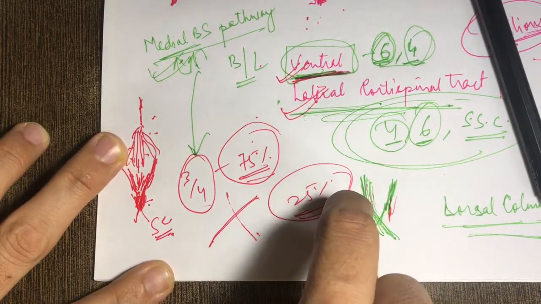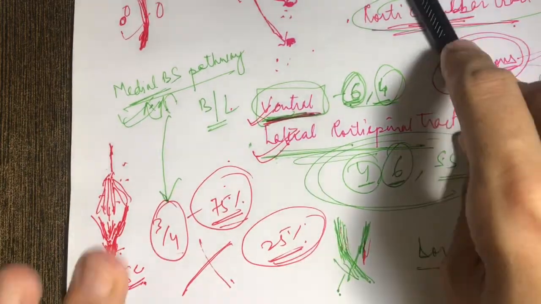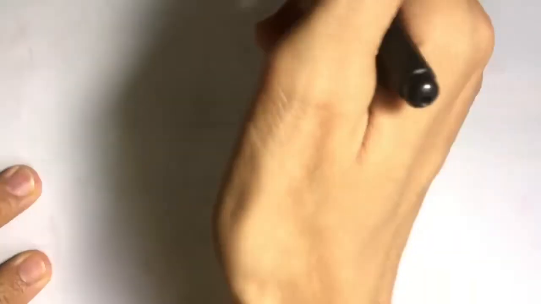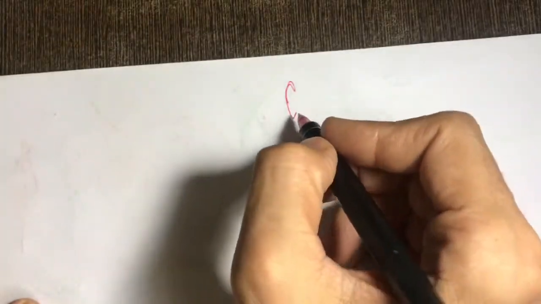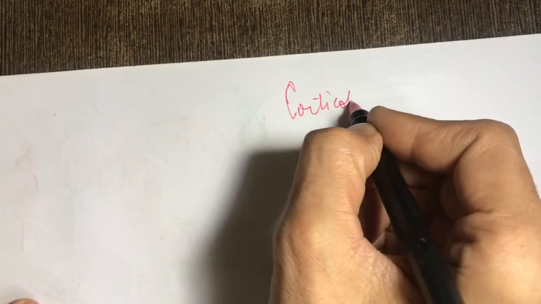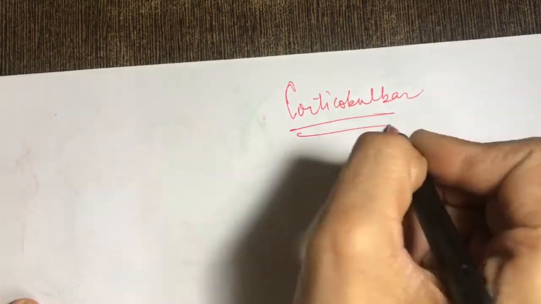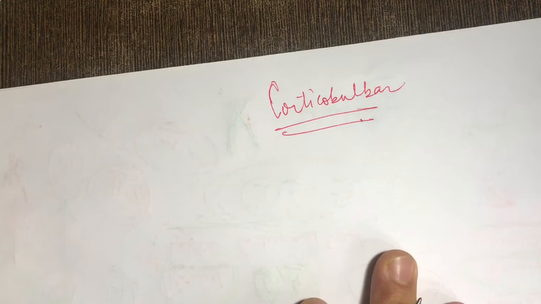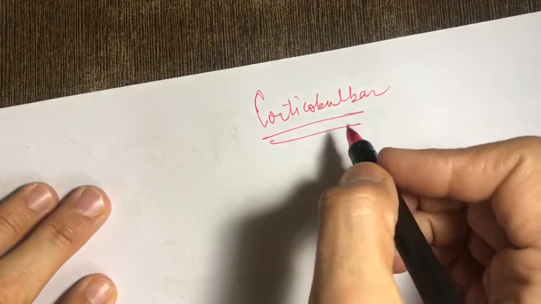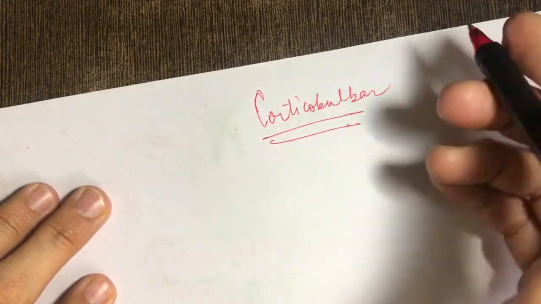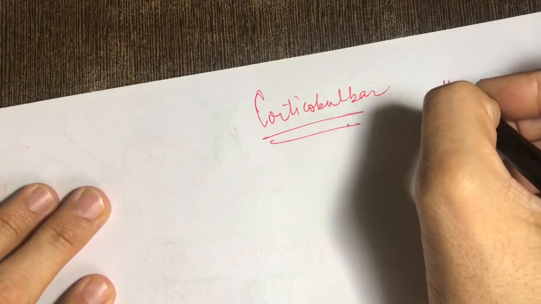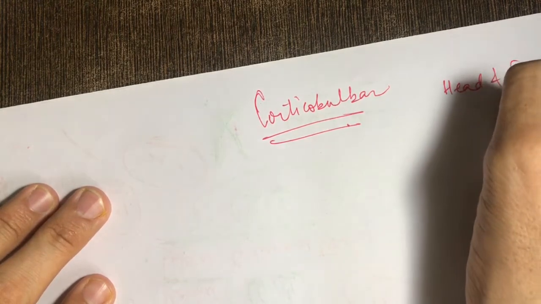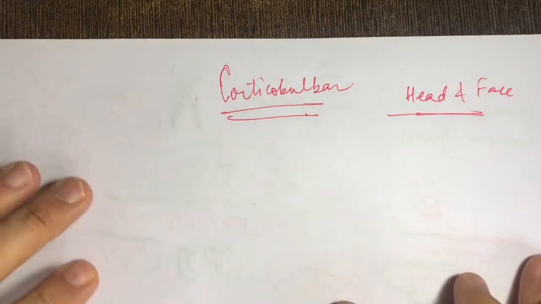Okay, and this cerebral cortex acts on the brainstem through, what we have covered is the corticospinal tract. It also acts via the corticobulbar tract at the brainstem, right? And these corticobulbar fibers control the movement of the muscles of head and face.